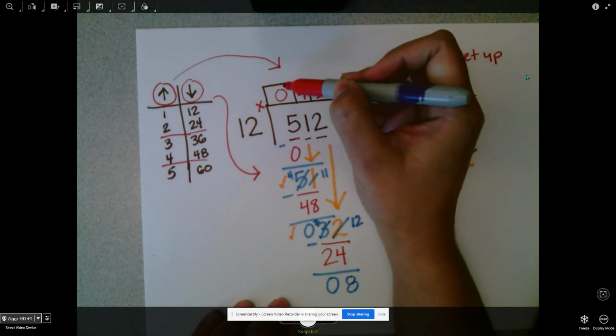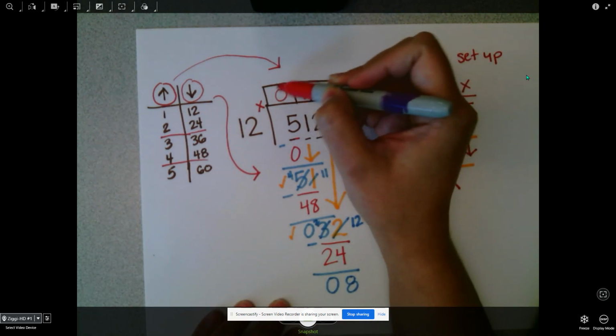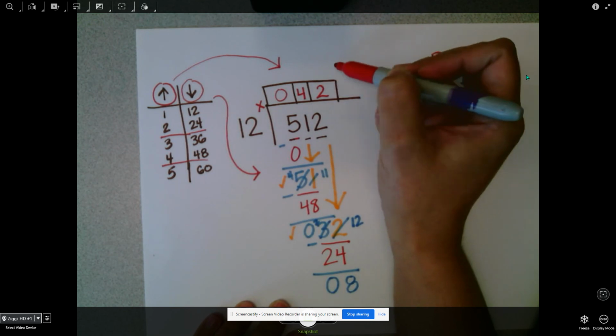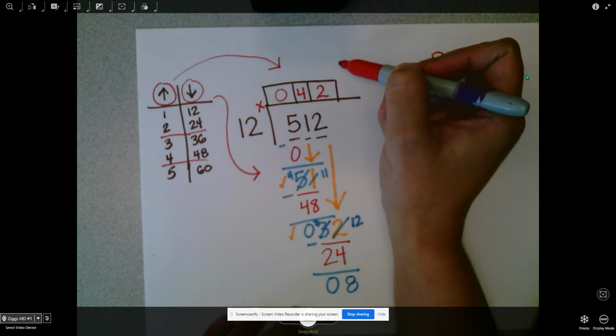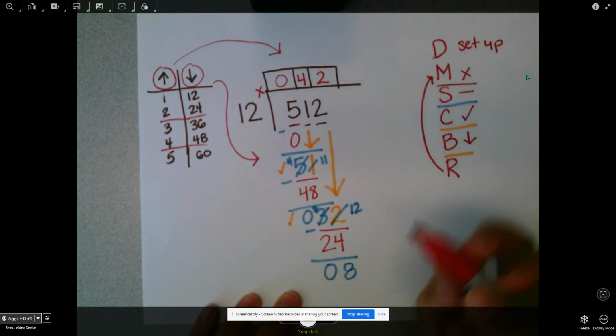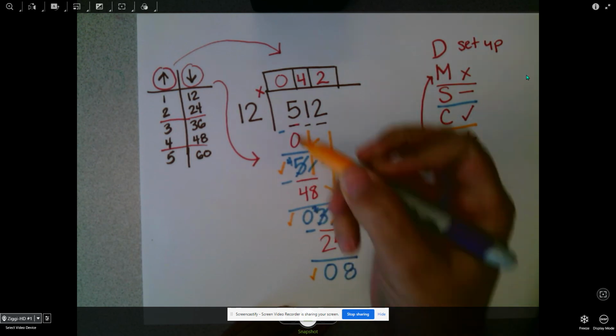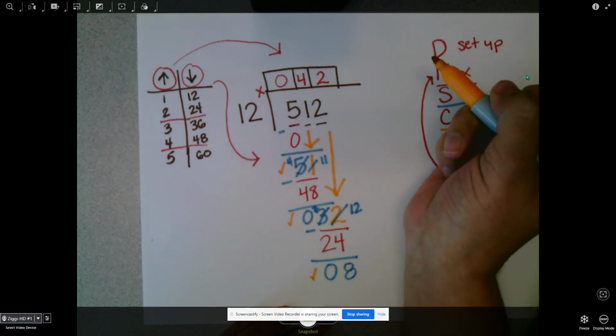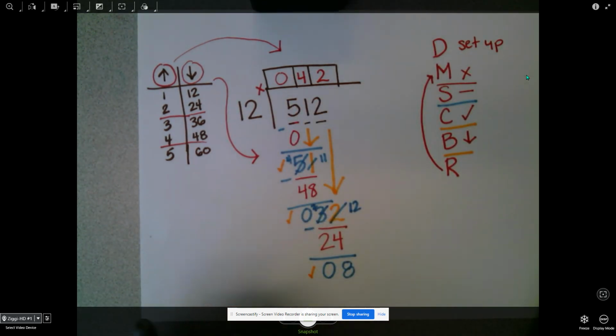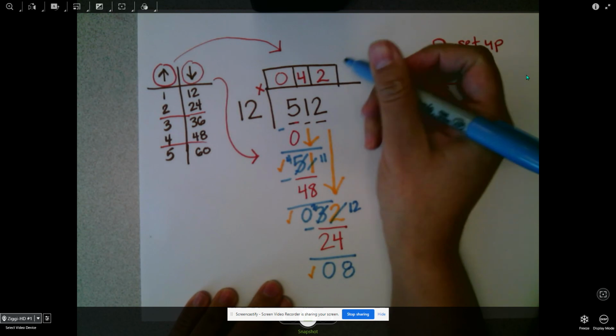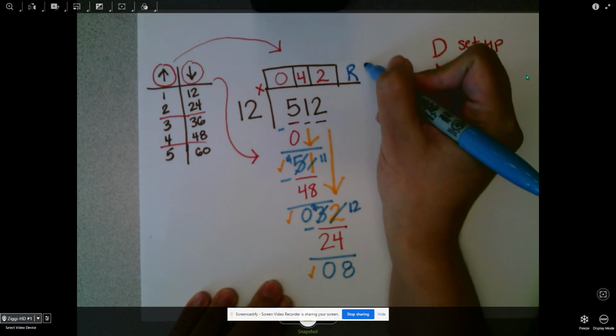All of my boxes have a number, so that's how I know I'm done. And my remainder is smaller than my divisor, and 8 is smaller than 12, so I am done. Okay, so my answer to 512 divided by 12 is 42 with a remainder of 8.